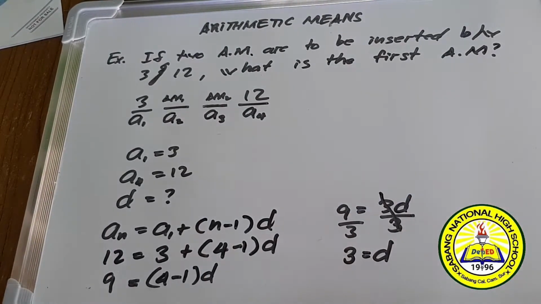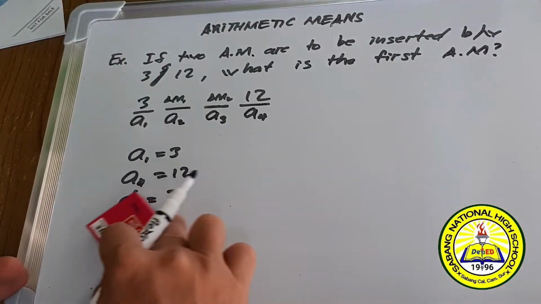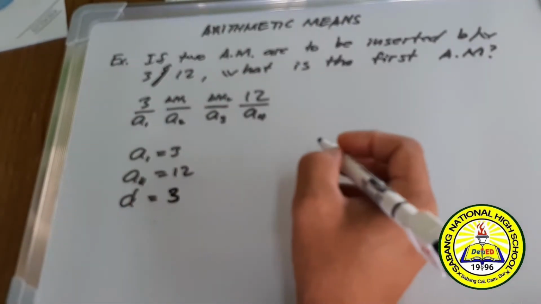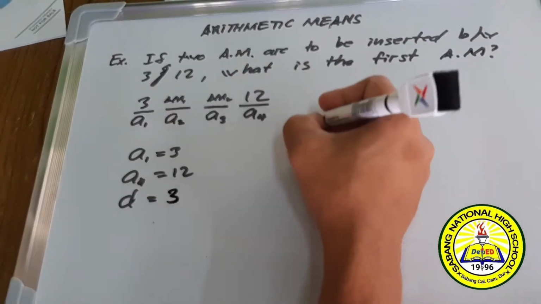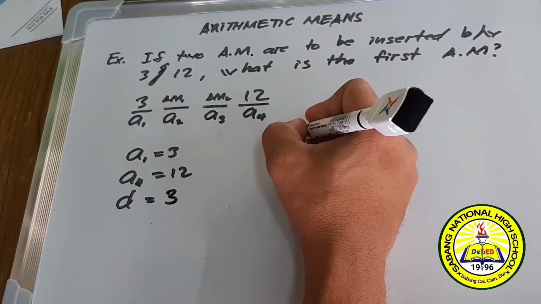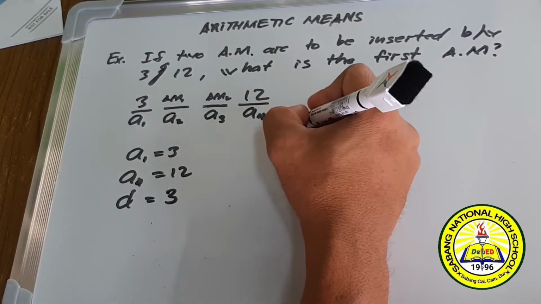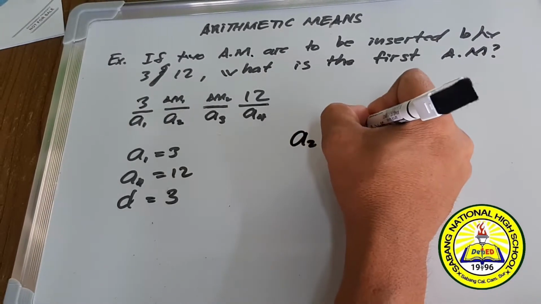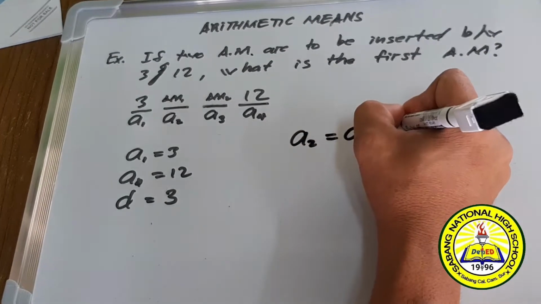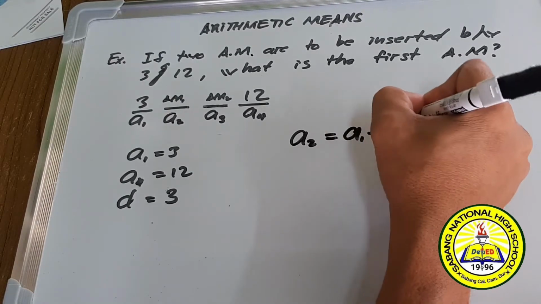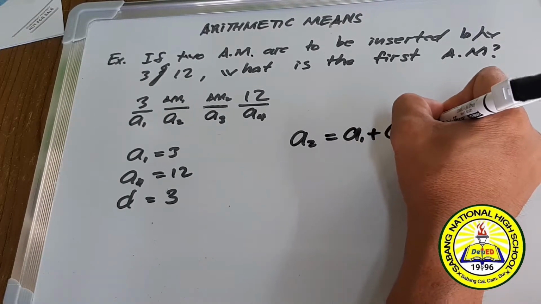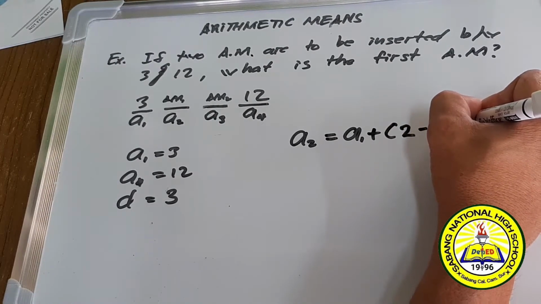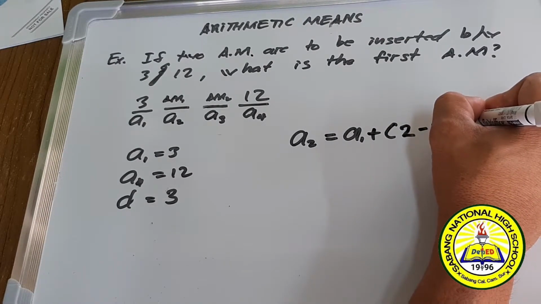Since based on our computation the value of d is 3, we can now proceed with the second term. The second term, or the first arithmetic mean, should be A sub 2 is equal to A sub 1 plus the quantity of 2, the second term, minus 1 times the common difference.